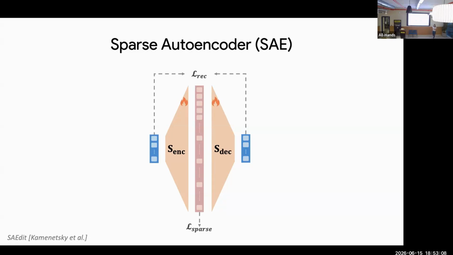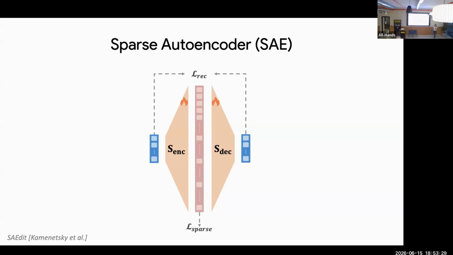And why did we look at sparse autoencoders and how can they be useful? The main idea is that the latent space produced by such sparse autoencoders is sparse, and therefore different attributes are typically disentangled.